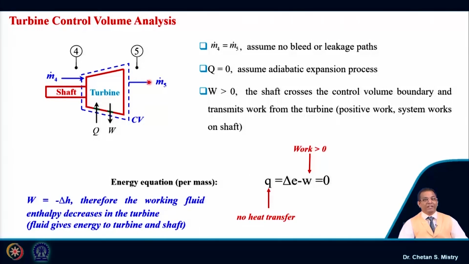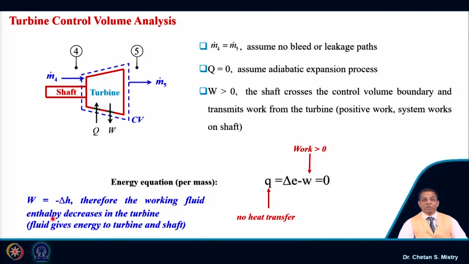So the energy equation says Q equals 0, W is greater than 0, and W comes out as minus delta H. Therefore the enthalpy of the working fluid decreases in the turbine. We can say my fluid gives energy to the turbine and the shaft.